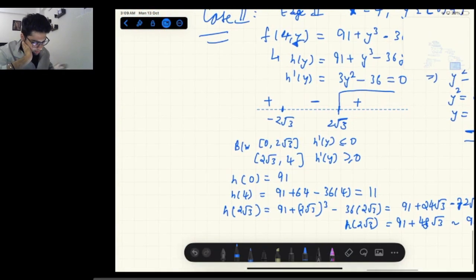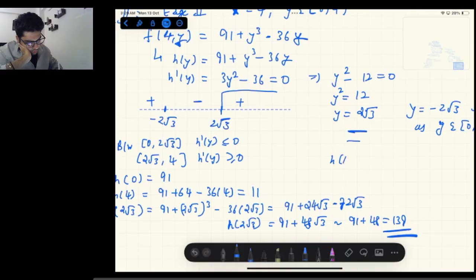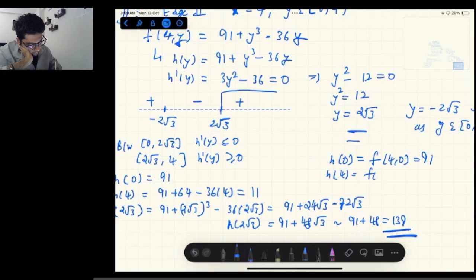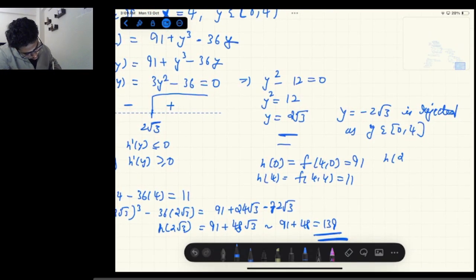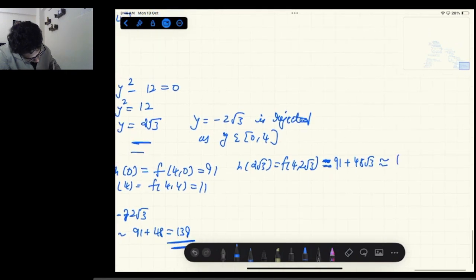But one thing is h of 0, which was 91, is equal to f of 4 comma 0, which was 91. h of 4 was f of 4 comma 4, which was 11, and h of 2 root 3 is f of 4 comma 2 root 3, which is 91 plus 48 root 3, approximately 139.